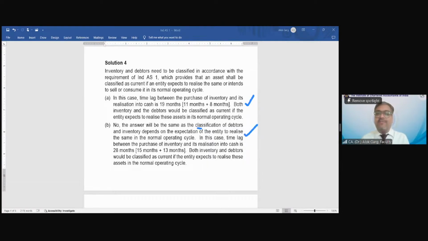Both inventory and debtors would be classified as current if the entity expects to realize the asset in the normal operating cycle. So what does it mean? It means the operating cycle has changed, right? Because in the question it was written that the time lag will always be 13 months. So it is within 28 months and hence it has to be classified as a current asset.